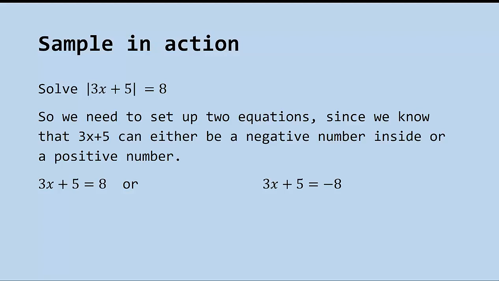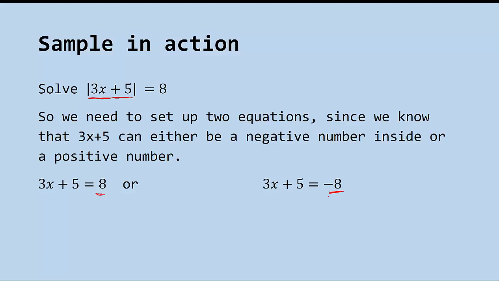So again, our focus was on this value inside here. The 3x plus 5 either has to be a positive 8 in order for the absolute value of 8 to be 8, or that value needs to be equal to negative 8 because the absolute value of negative 8 is also 8.